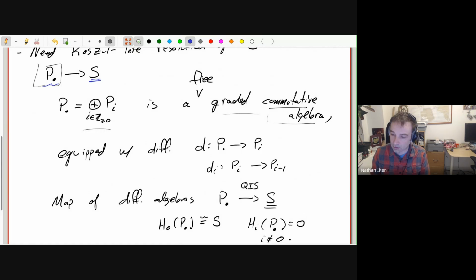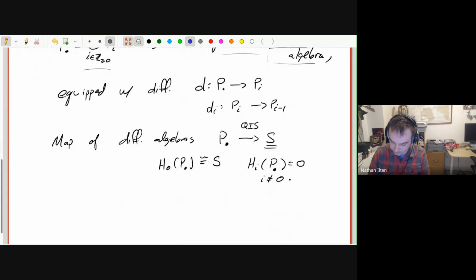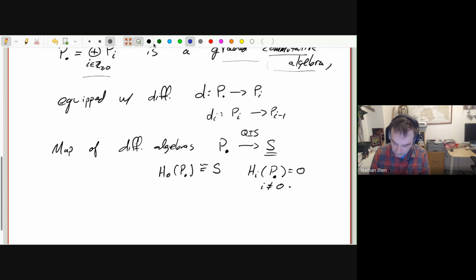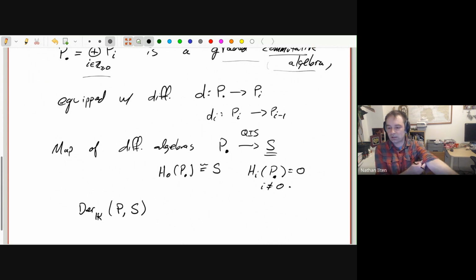Okay, so now how do we get cotangent cohomology? So we can take our Koszul-Tate resolution, which I'll just denote now by P. I'm going to drop the dot. And we can look at k-linear derivations from P to S. Okay, so again, this is a graded commutative algebra. And so these derivations, again, need to satisfy a graded version of the Leibniz rule that I'm not going to write down.